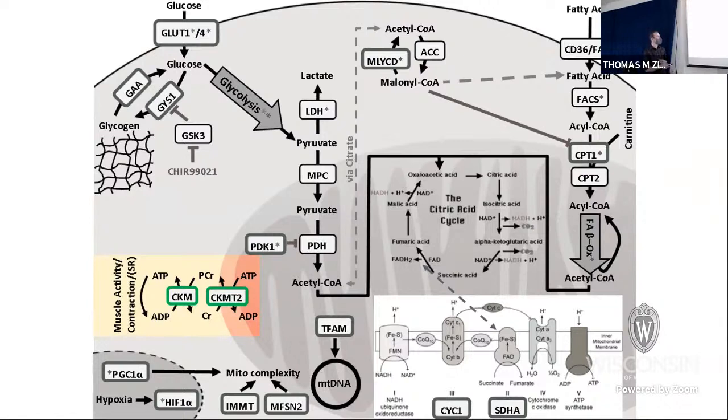They essentially take the high energy phosphate from an ATP and transfer it out of the mitochondria, all the way down to the sarcomere, which is the functional unit of the cardiomyocyte, to allow it to contract. So we expect these to be upregulated in the cardiomyocytes as well. But again, we wanted to see how that happens in the process. Is it early in the process? Is it late? What are the dynamics involved there?